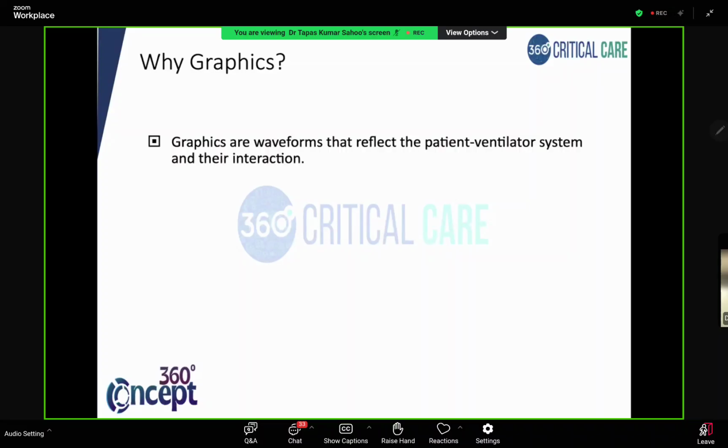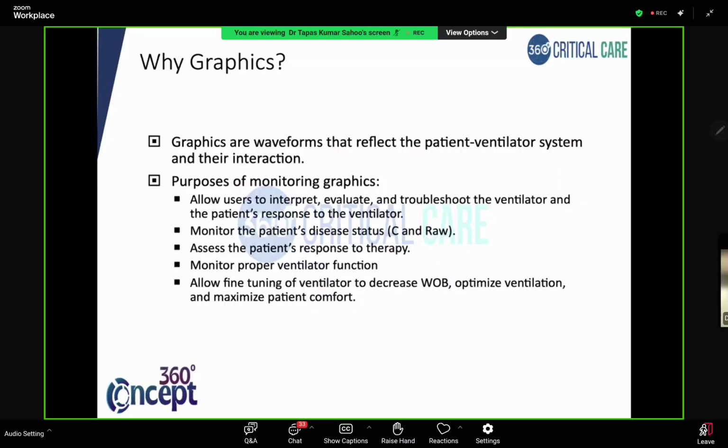Now, why graphics? Why are graphics important? Graphics are waveforms that reflect the patient-ventilator system and their interaction. Simple. So if the examiner asks you why we need ventilator graphics to analyze, interpret and troubleshoot our patient's hemodynamics and also ventilatory requirement, we need to be very thorough.